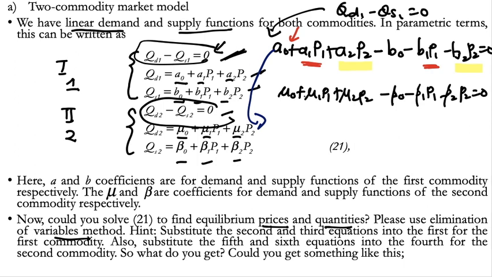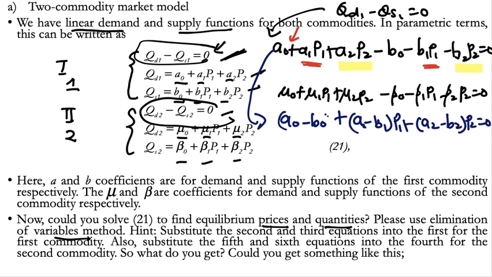Now, when we simplify it, it becomes what? A naught minus B naught, isn't it? That's the first one. And then A1 minus B1 in brackets P1 plus A2 minus B2 in brackets P2 equals 0, isn't it? So we simplify it.